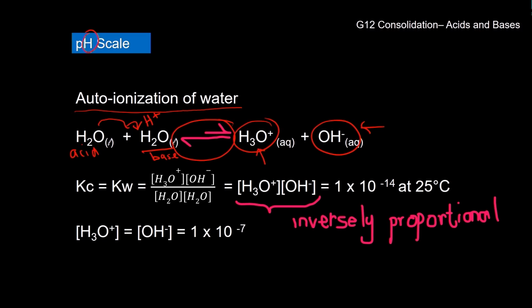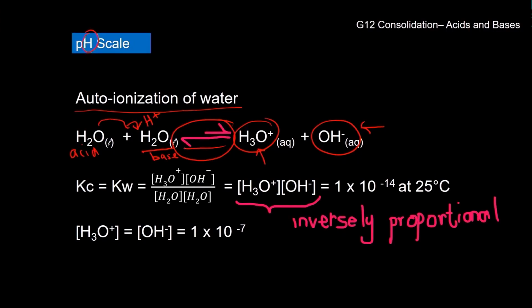So very few water molecules actually react with themselves to form these ions. The water molecule prefers to be in the molecular form and not the ionic form, and that is why the reverse reaction arrow is bigger, longer than the forward reaction arrow.